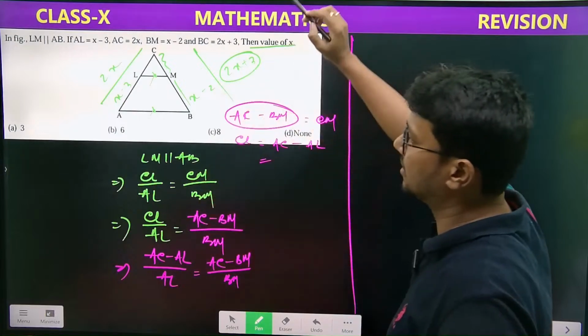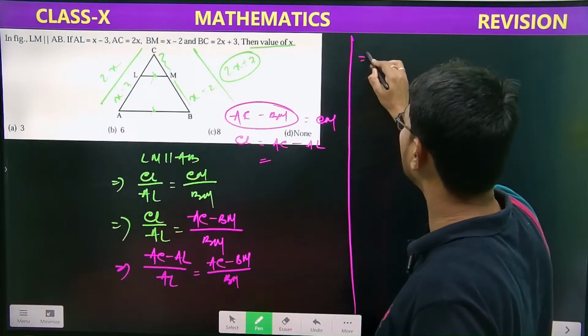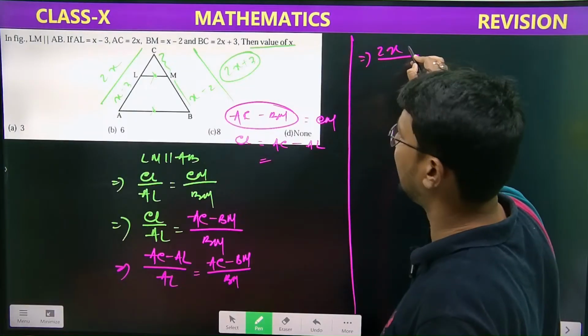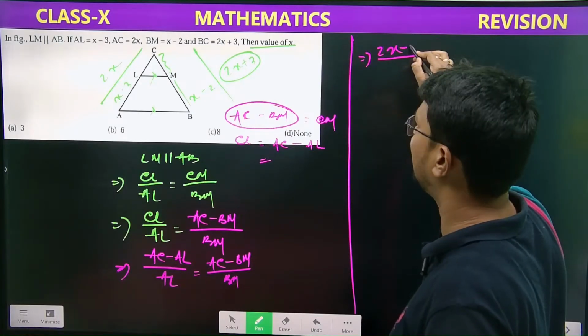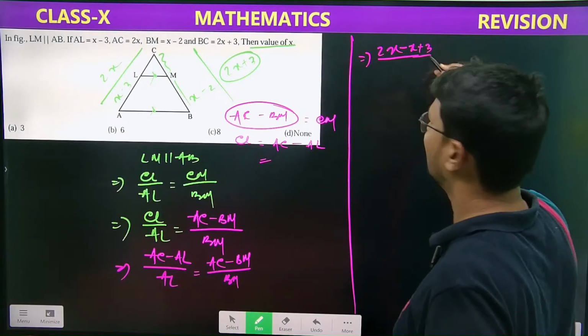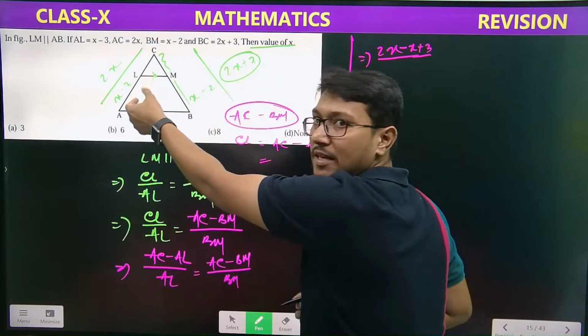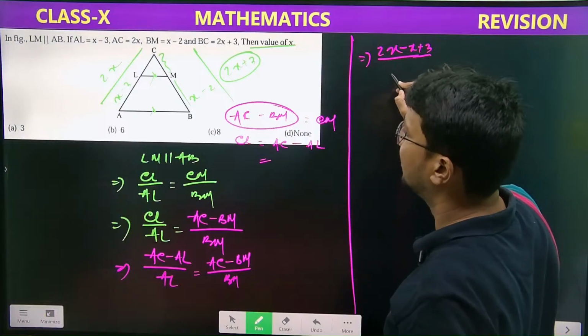AC minus AL: AC length is 2x, minus AL, which is x minus 3, so subtracting gives minus x plus 3. That is 2x minus x minus 3, meaning x plus 3.